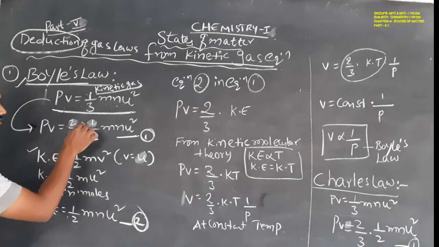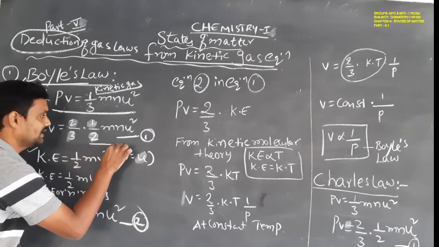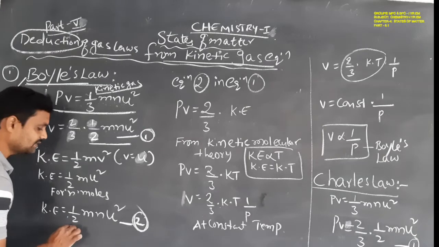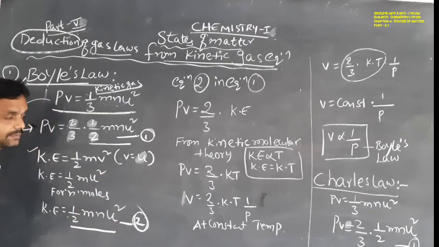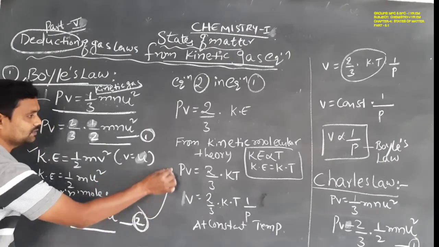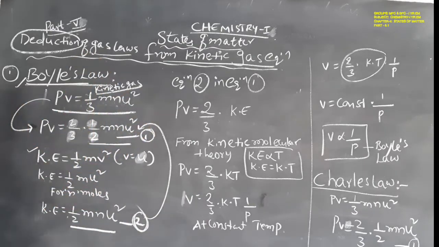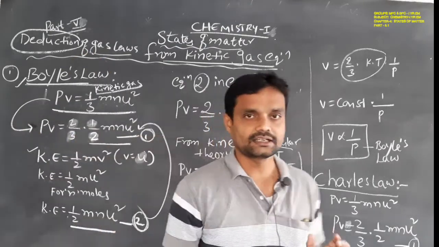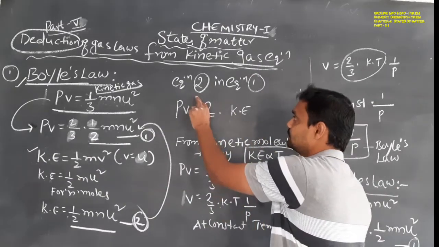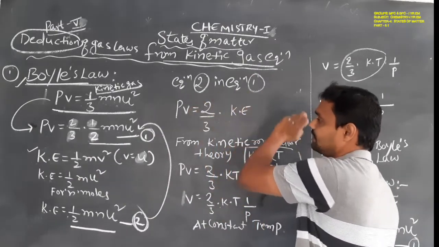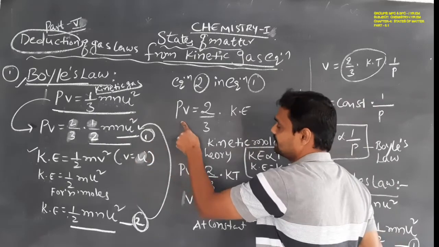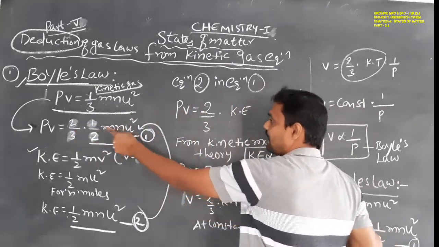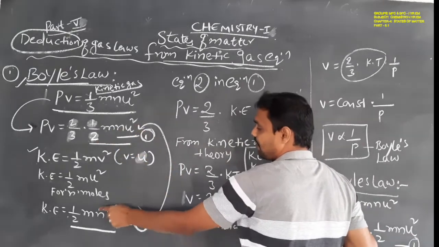In equation 1, half mNu square is present. In equation 2, the half mNu square value is also present. So equation 2 is substituted in equation 1. That is what we will do here. So in equation 1, PV equals 2 by 3 into half mNu square.